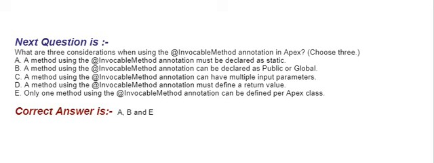Option C. A method using the @InvocableMethod annotation can have multiple input parameters. Option D. A method using the @InvocableMethod annotation must define a return value. Option E. Only one method using the @InvocableMethod annotation can be defined per Apex class. Correct answer is option A, B, and E.